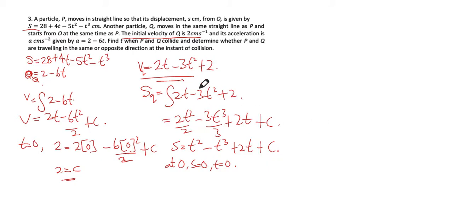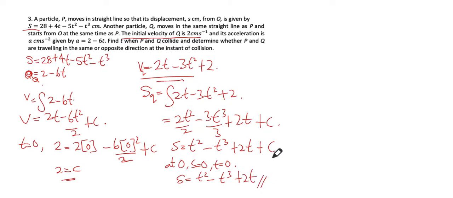So read the question. In this question it says starts at O at the same time as P, so it's starting at the same point. So at O, t equals 0, s equals 0. From there I can get the equation for s equals t square minus t cube plus 2t.